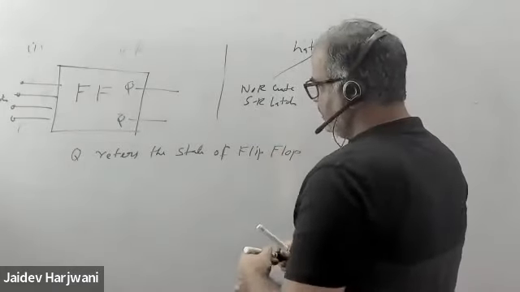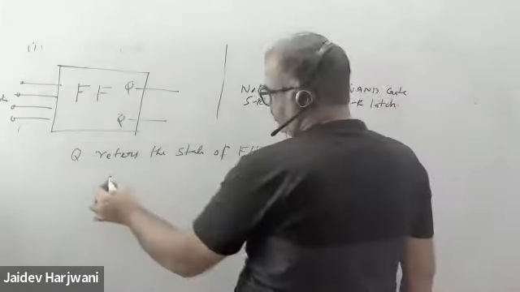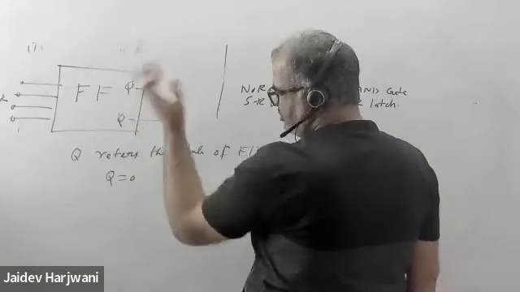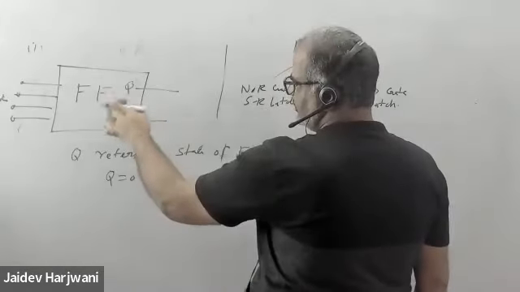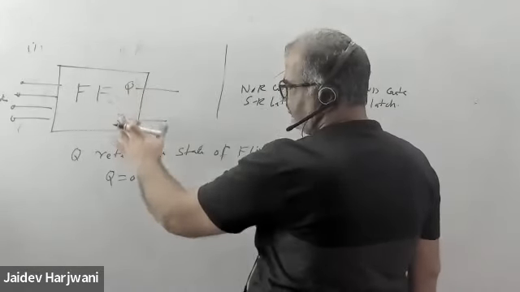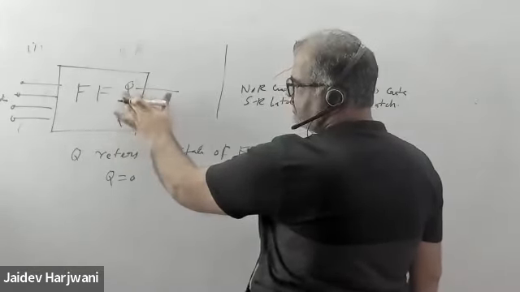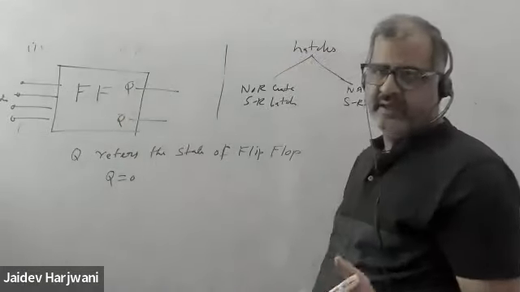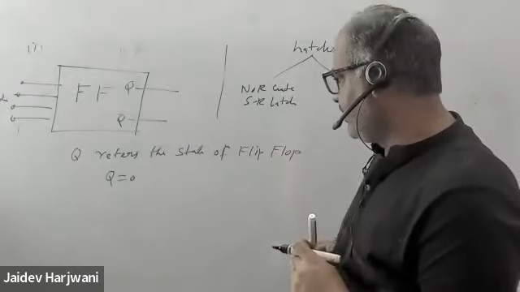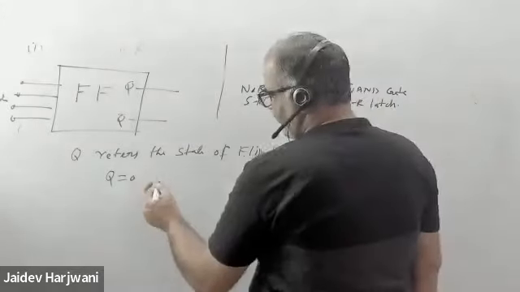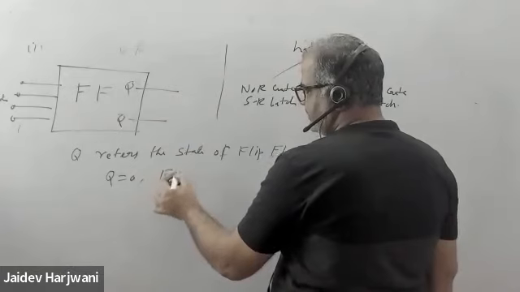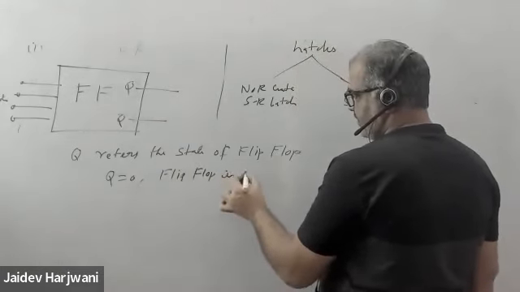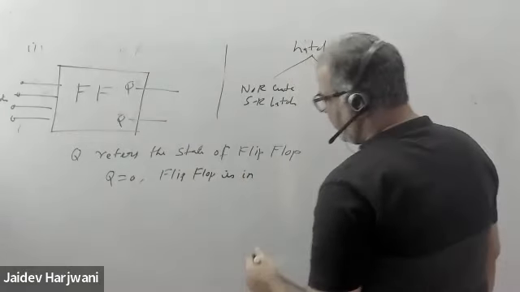Obviously when Q is 0, then Q bar can be 0 or 1, anything. Once Q is 0, Q bar is 1, and vice versa. We don't bother about this one. We define the state of the flip flop by Q. Q will tell what is the state of the flip flop. If Q is 0, the flip flop is called in reset state.